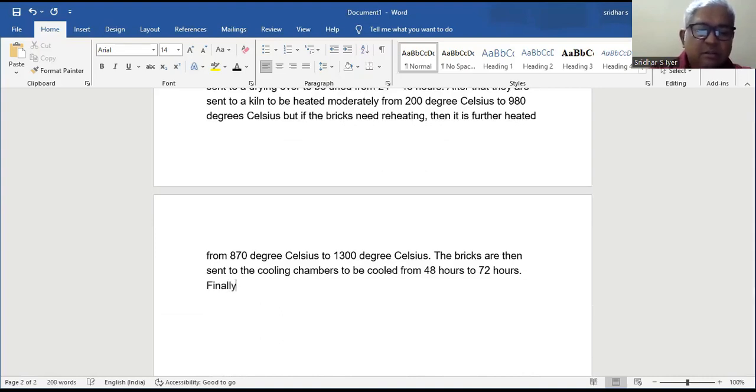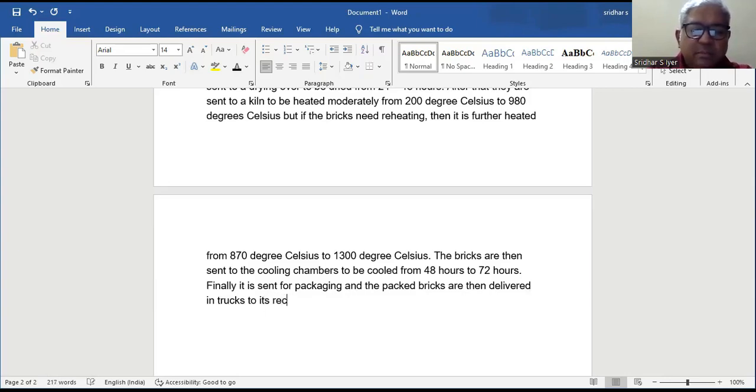Finally, it is sent for packaging and the packaged bricks are then delivered in trucks to its recipients.